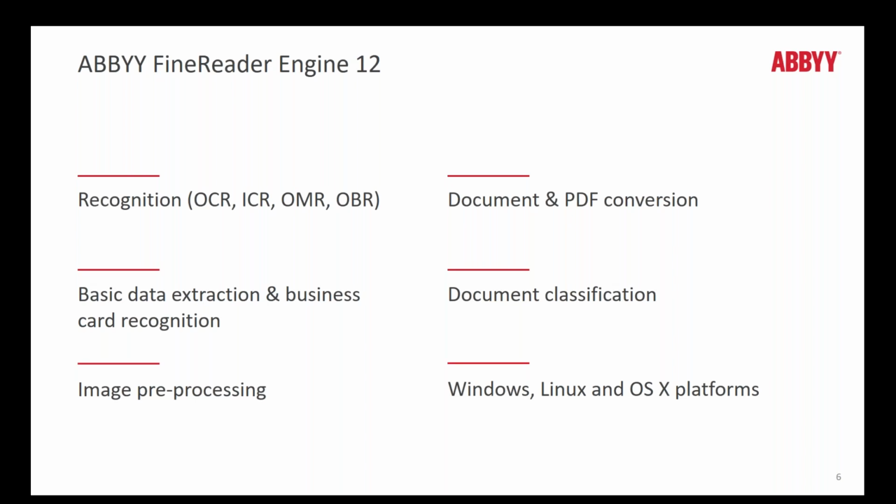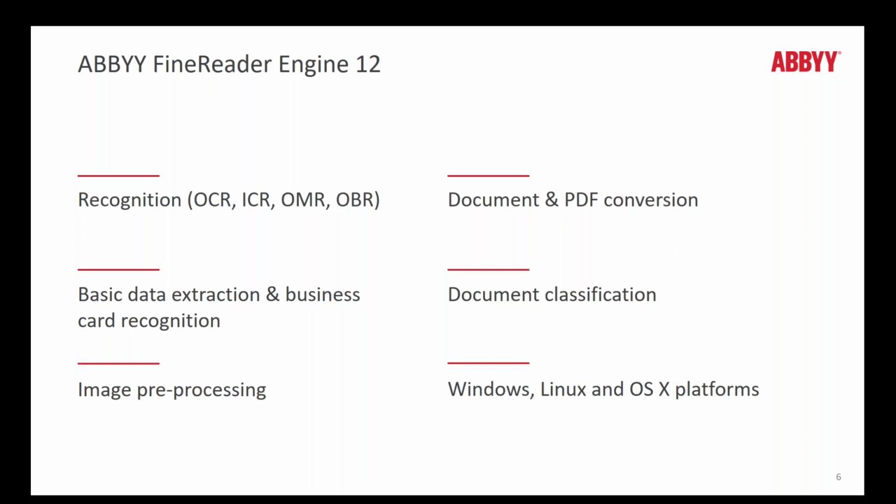The next major area, as already mentioned, is document and PDF conversion, to convert scanned documents into searchable PDFs for archiving purposes. We also offer basic data extraction and processing of business cards.